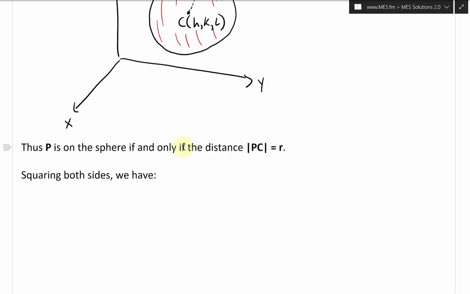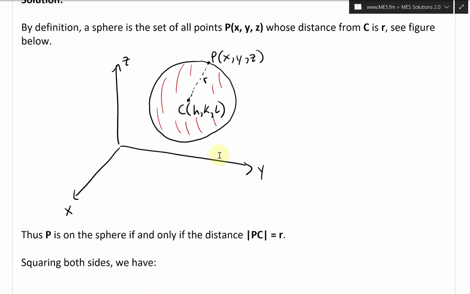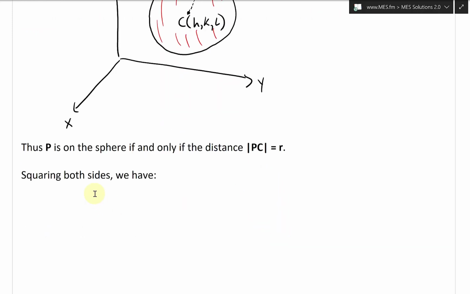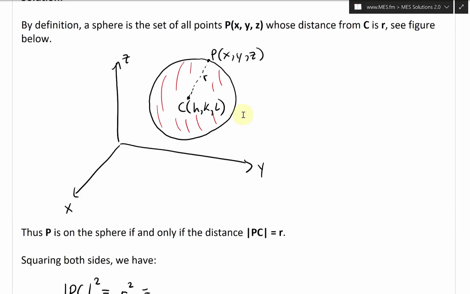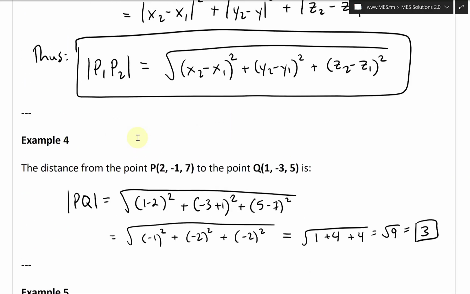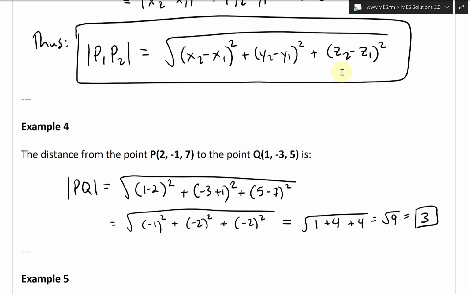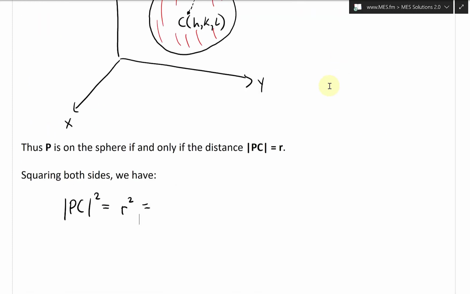So thus P is on the sphere if and only if the distance PC equals r. And then if we square both sides, we have PC squared equals r squared. And remember, the distance formula is we subtract the x's, the y's and the z's and square, and because we're already squaring, we get rid of the square root.